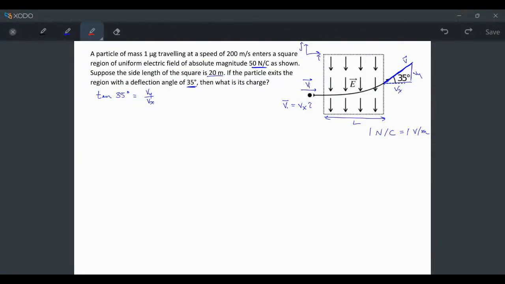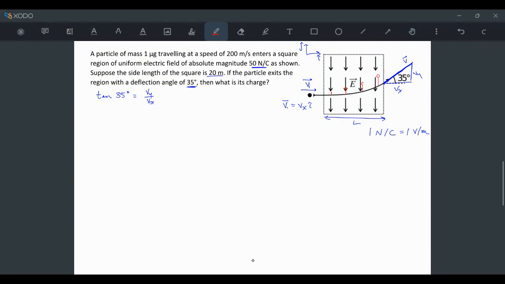Then what happened is it was moving to the right, it had this initial velocity, and as it entered the field, it felt the force. There's a vertically applied electric field, points downwards, and what came about was a little bit of y velocity, more acceleration.